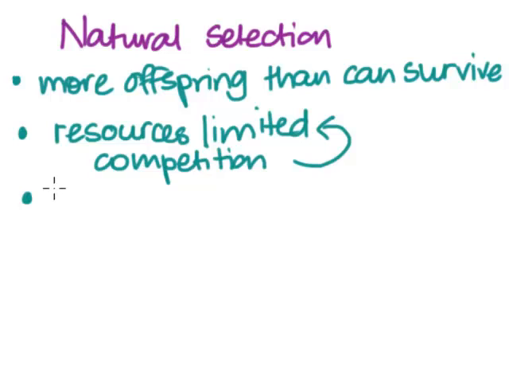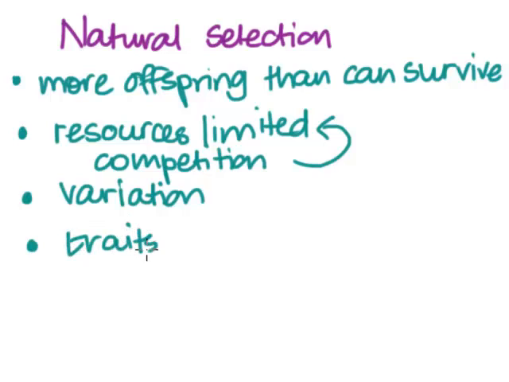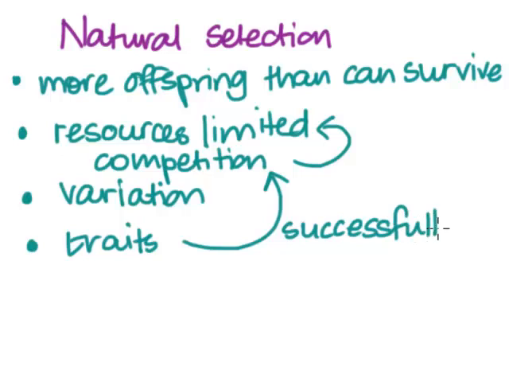The third important explanatory point is that individuals vary. So there's variation amongst the organisms. And it is those organisms that possess the traits or the characteristics that enable them to compete successfully.